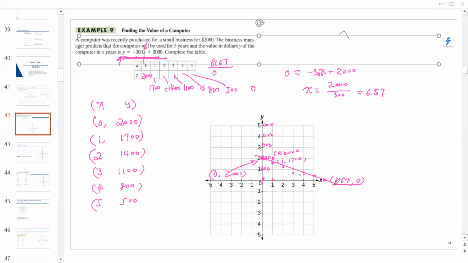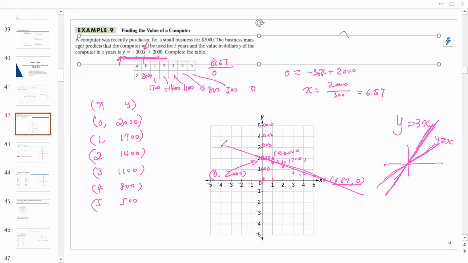So you can use the linear line to describe this situation, the value depreciation situation. You can see this one goes down, the slope is in this way. Earlier, when graphing y equals 2x, it went like this way, right? So you can see this is one slope, this is another slope, and this slope goes to the left, and this slope goes to the right.